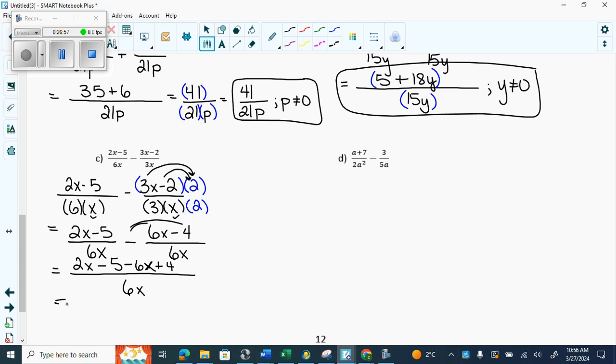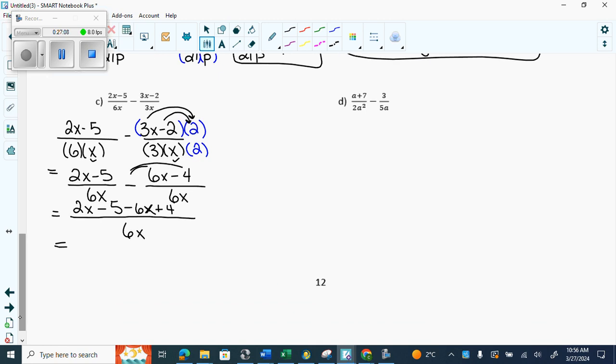So first step, common denominator. Second step, write over 1 denominator. Third step, collect items. I'm never changing my steps. It's never changed the whole time with that subtracting. So collecting my items: 2 xylophones minus 6 xylophones is negative 4 xylophones. Negative 5 nothings plus 4 nothings is minus 1 nothing over 6x.